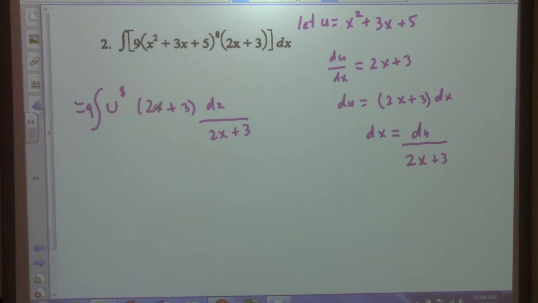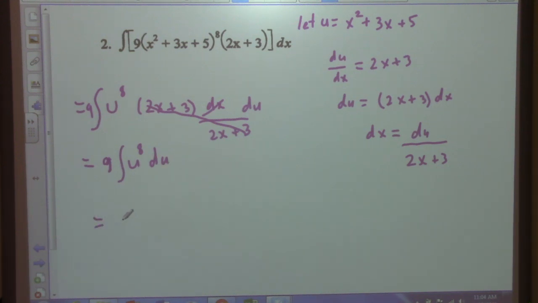The 2x plus 3. So what you're left with is 9 integral of u to the 8th power du, because you replaced this dx with du over 2x plus 3.